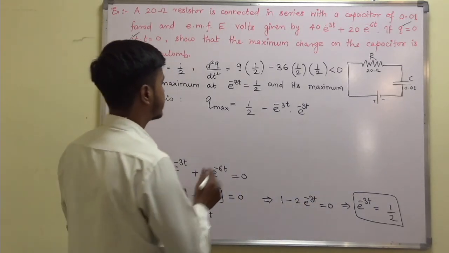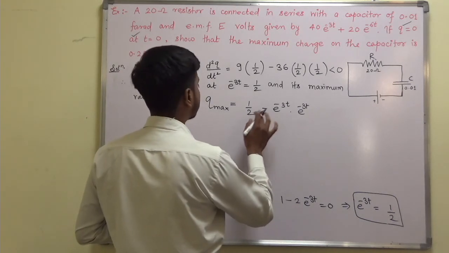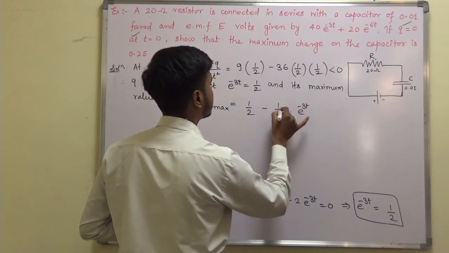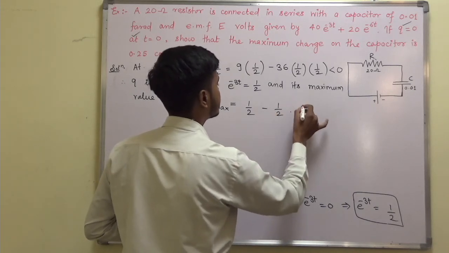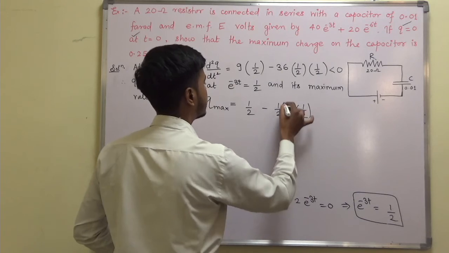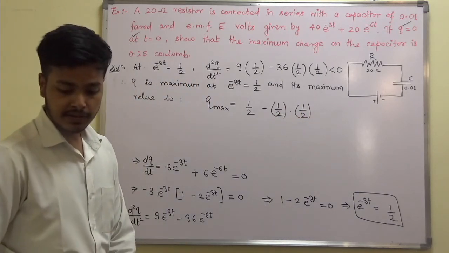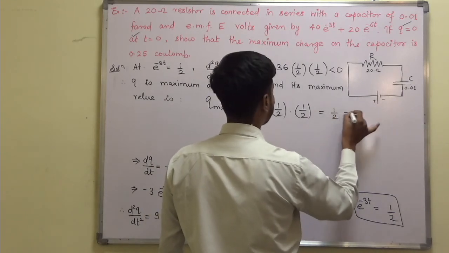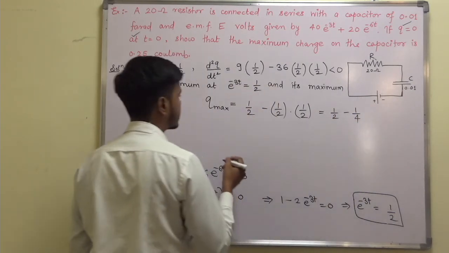Okay, and this value is 1 by 2 and this value is also 1 by 2. Clear? So this is 1 by 2 minus 1 by 4, that's 1 by 4.